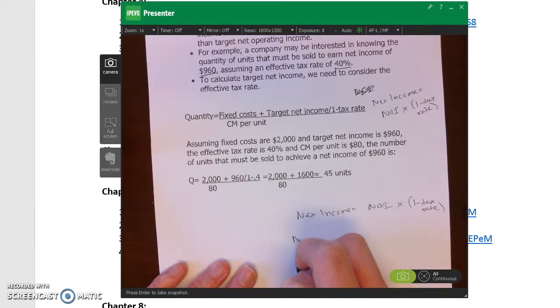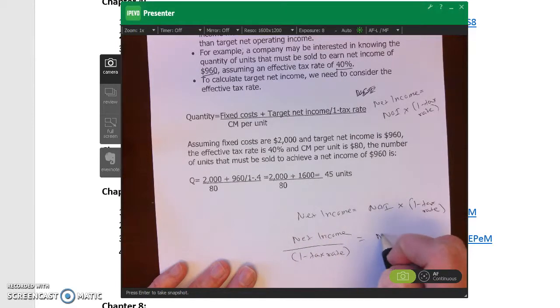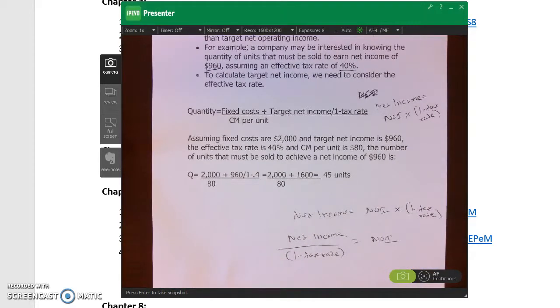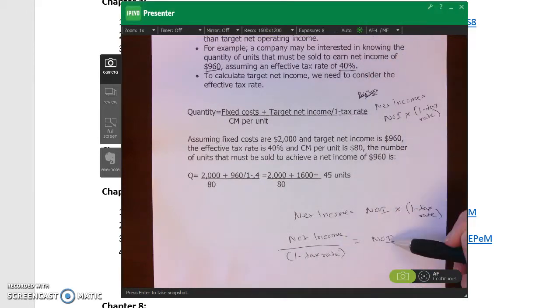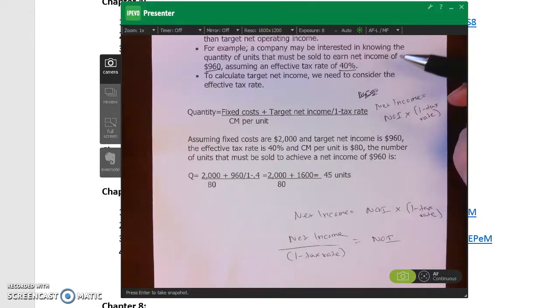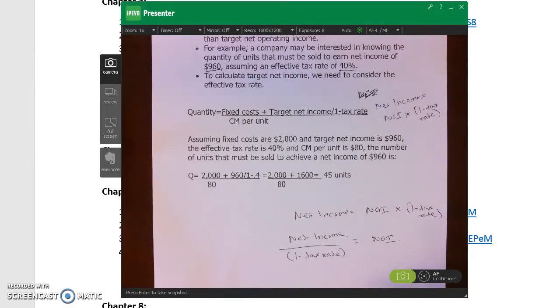In that case, if I say net income divided by 1 minus the tax rate, okay, that gives me my net operating income. So what I could do is take my target net income divided by 1 minus the tax rate, and then in that case it becomes the same old target profit problem.